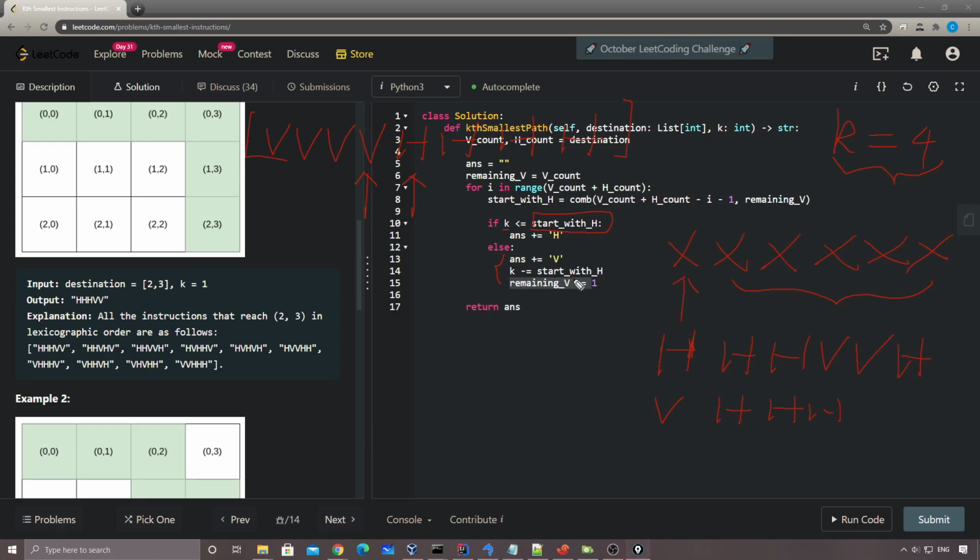So if we're at H here, the combinations here will be, okay, let's see.